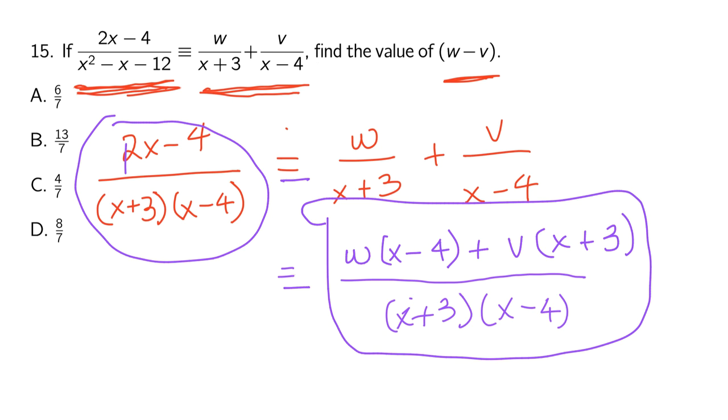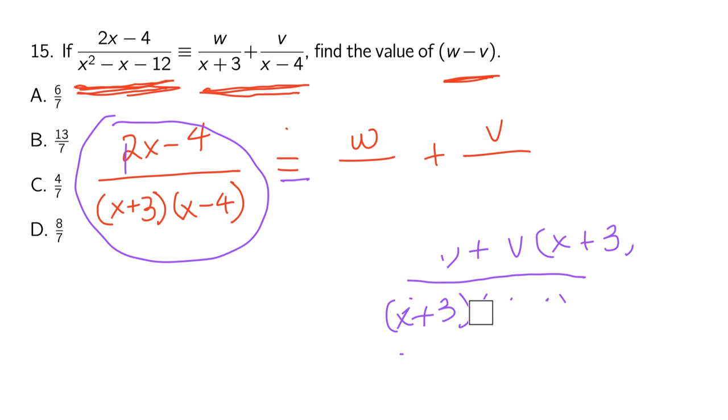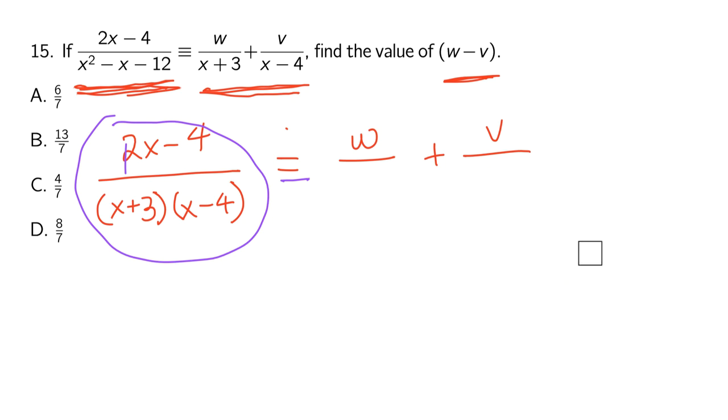That's one way, but there's another way, a shortcut called the cover-up method that I want to use in this example. The cover-up method can be used when you have distinct linear factors in your partial fraction expansion or your partial fraction decomposition.